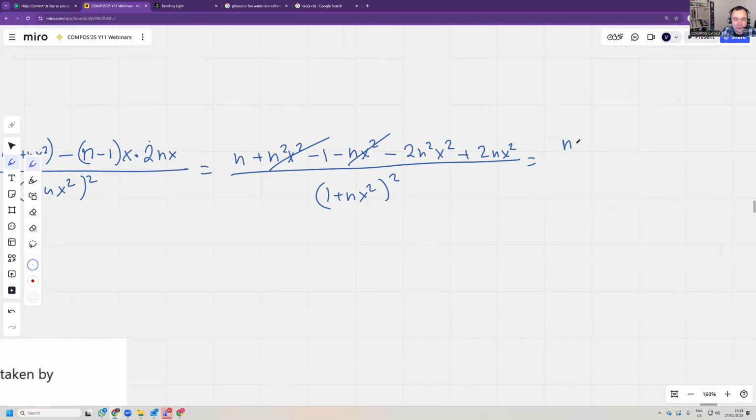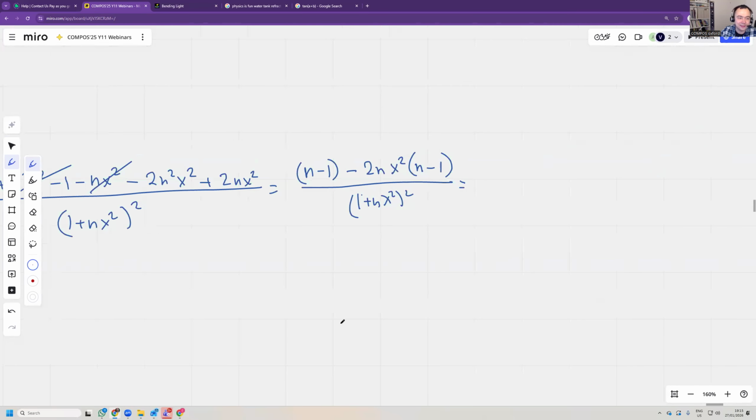That's going to be n minus 1 minus 2nx squared, open bracket, n minus 1, over 1 plus nx squared, squared, and that is n minus 1, open bracket, 1 minus 2nx squared, over 1 plus nx squared, squared, and then it must equal 0, because at optimum the derivative is 0.